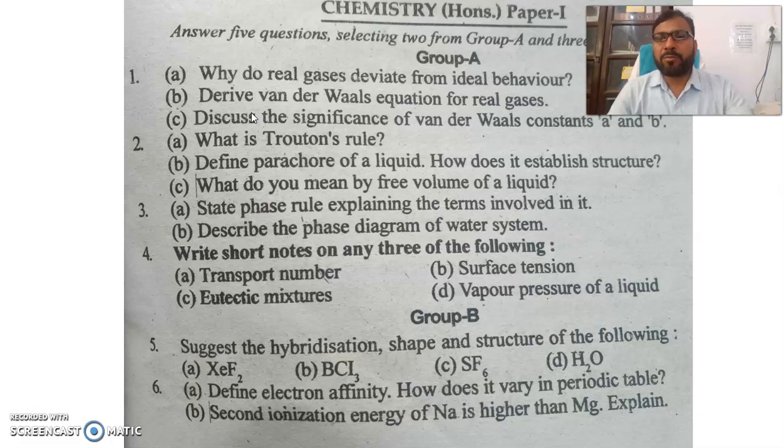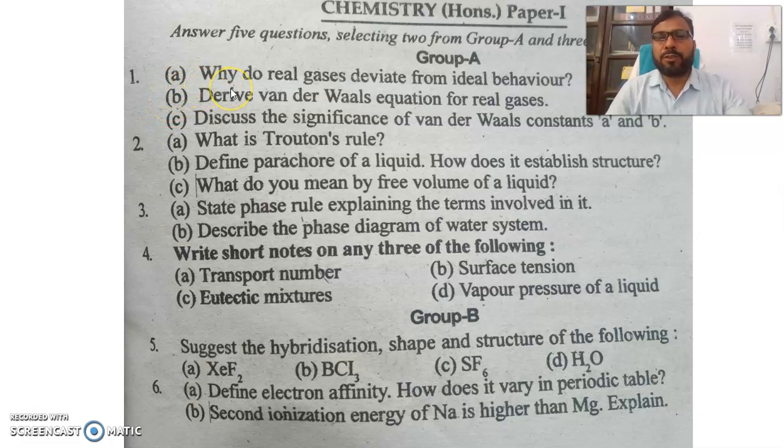So now look at some questions and the pattern of questions. Question number 1 has 3 parts, A, B, C. If you select this question, you have to answer all these 3.